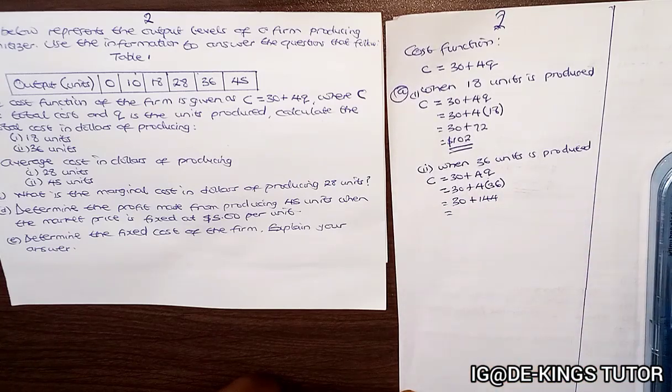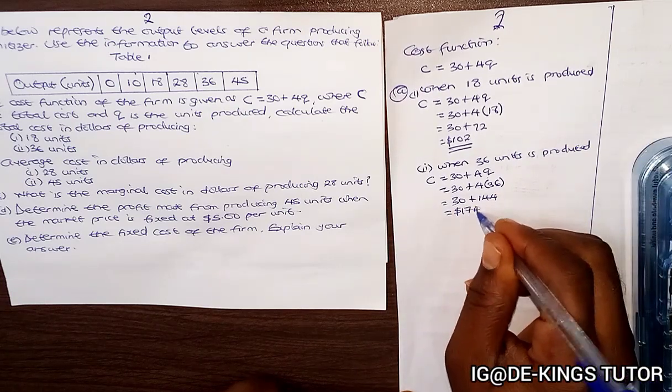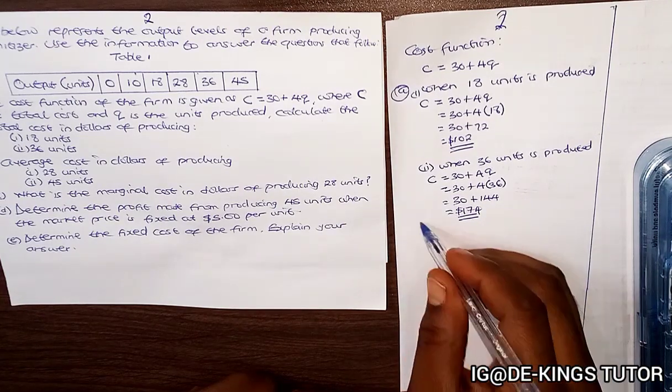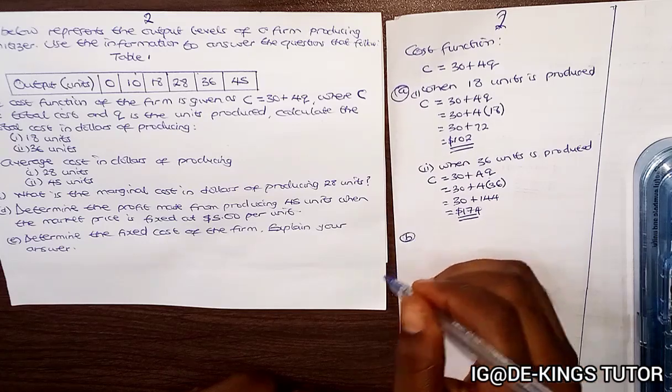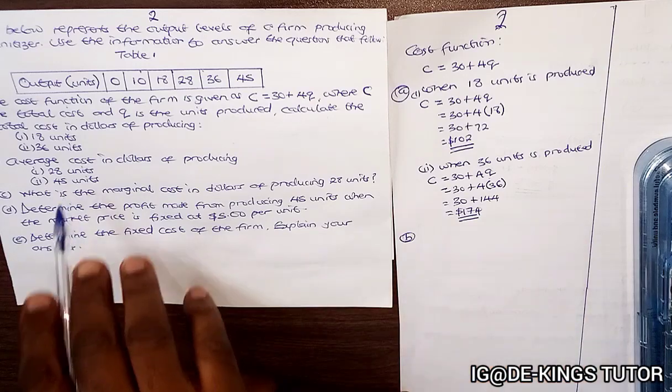So 144 plus 30 will give us $174. Okay, $174. That is II.